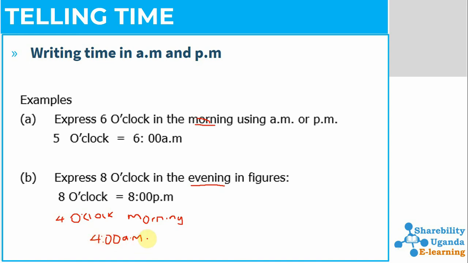That is in the morning, starting from midnight. From midnight we have 1, 2, 3, 4, then 5, 6, 7, 8, 9, until we reach midday, where PM starts from.